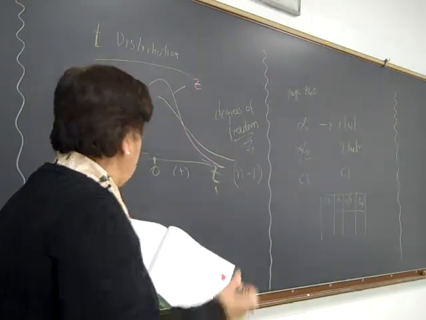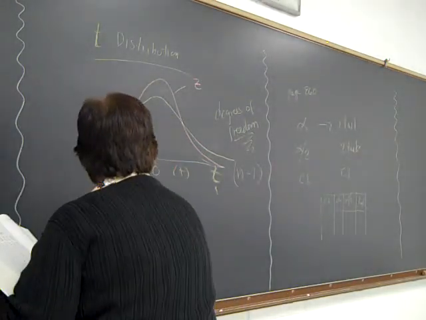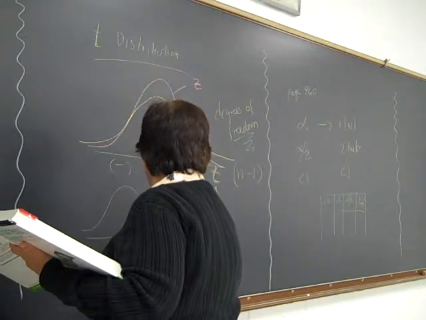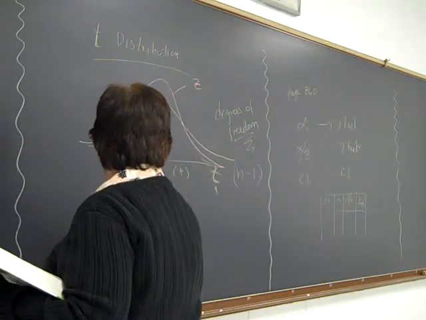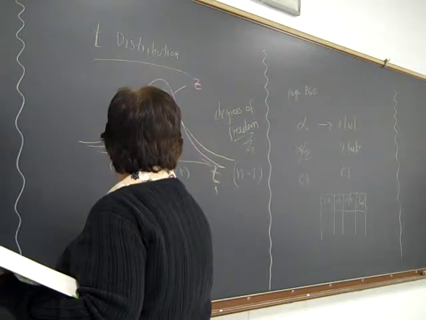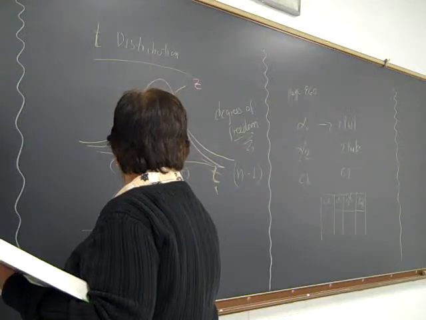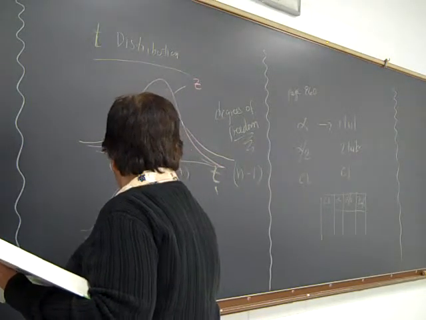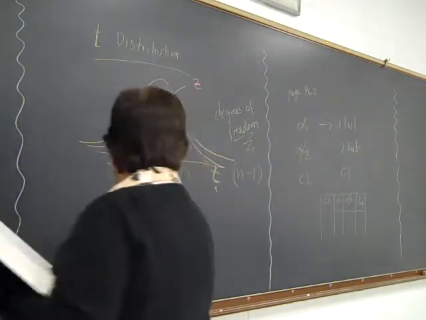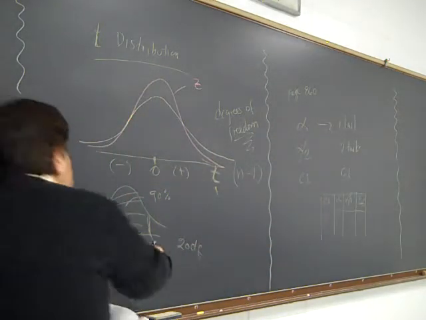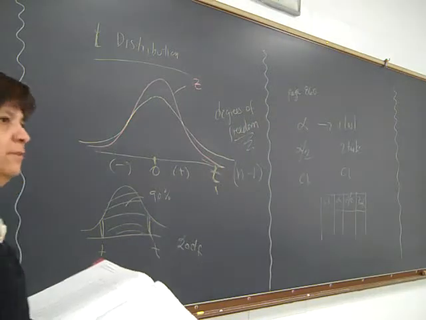So, for example, if I have a T distribution with 20 degrees of freedom, and I want to know what is the 90% confidence interval, what would be this t and this t? Remember that this is a symmetrical distribution, so this value is positive and this value is negative.